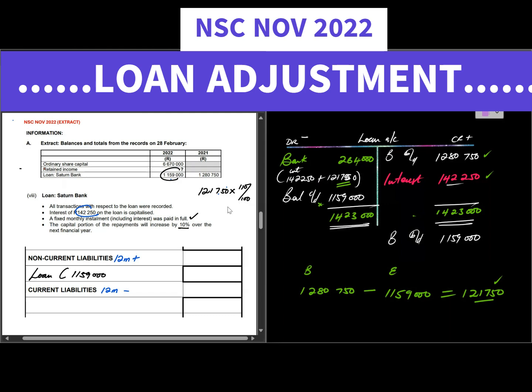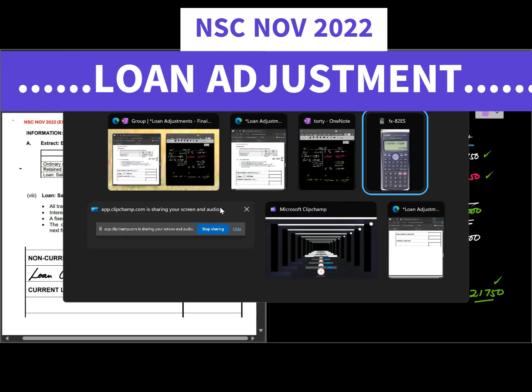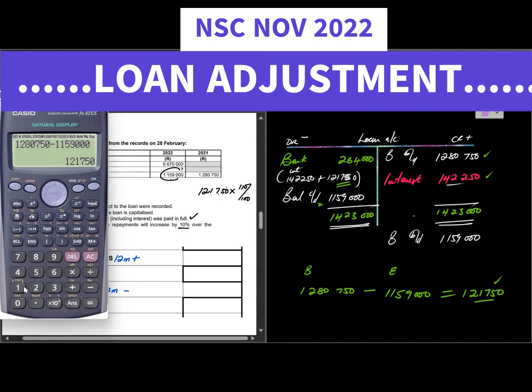Or you could have simply multiplied by 10% and then added that amount back again. So it's going to increase by 10%, which is 110 over what we have, which is 100. Then you multiply that by the 121,750, and that will give me 133,925.